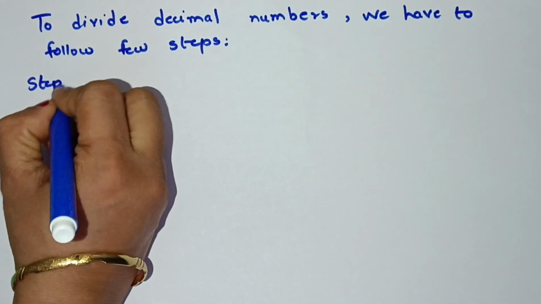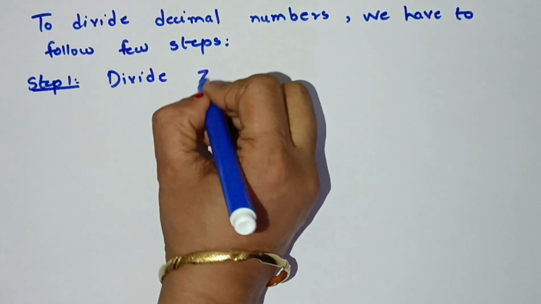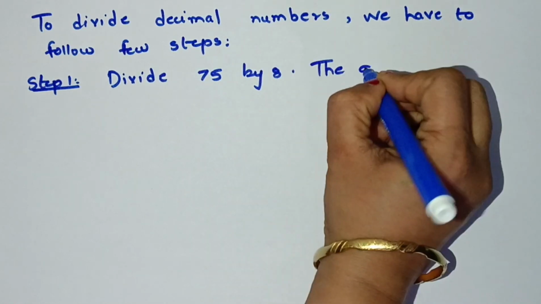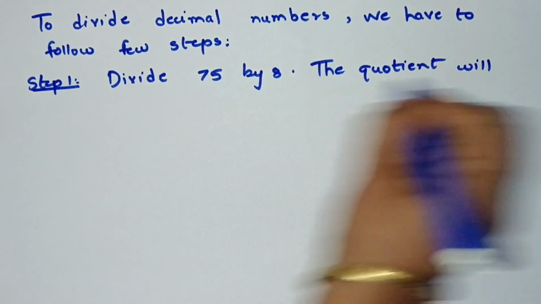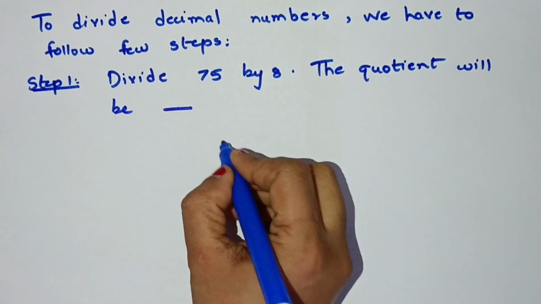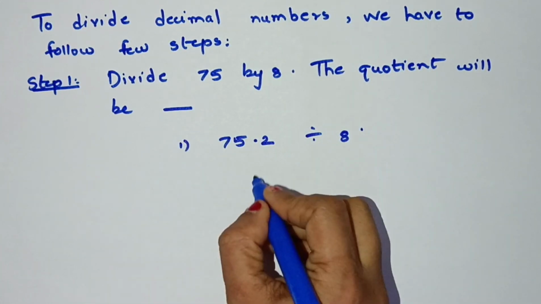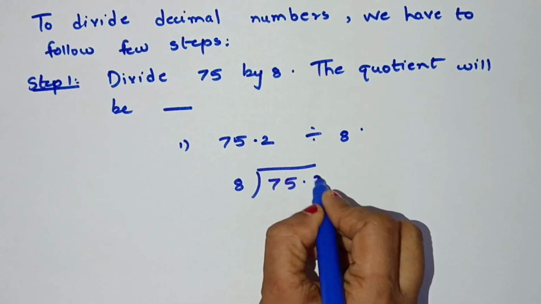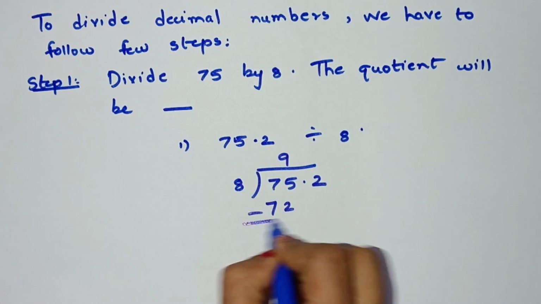Step 1, divide first 75 by 8. The quotient will be what? Let's see. So 75.2 divided by 8. In this, 8 is the divisor, 75.2 is the dividend. 8 nines are 72.